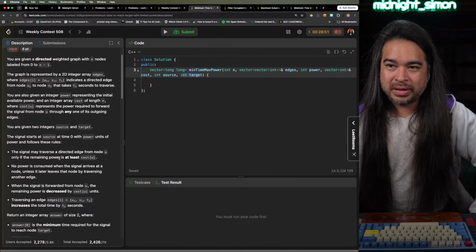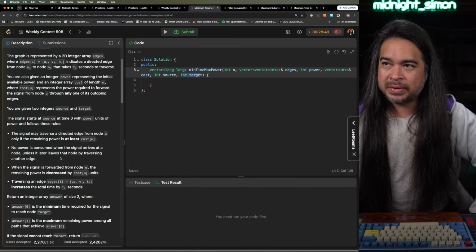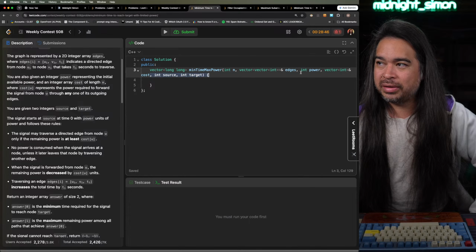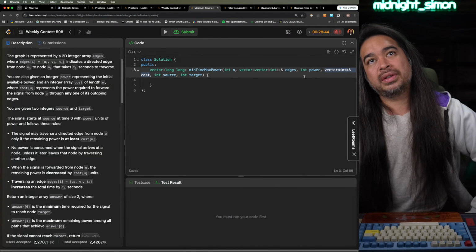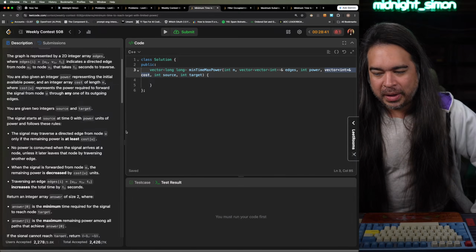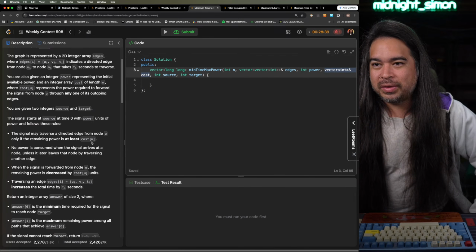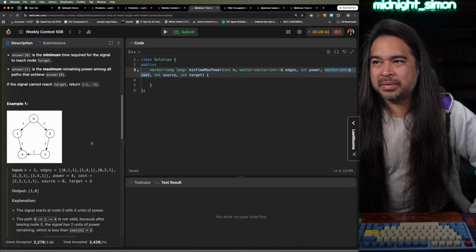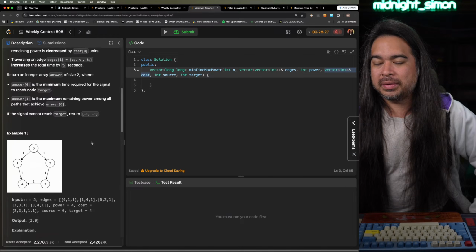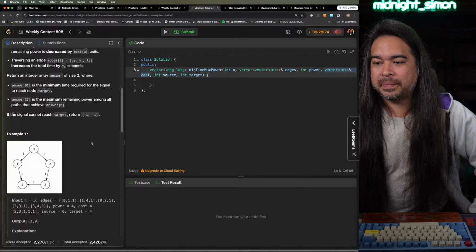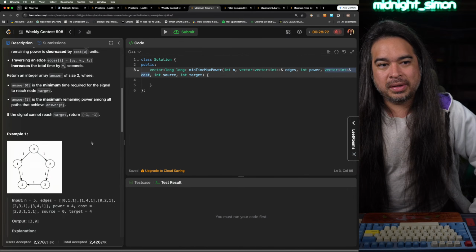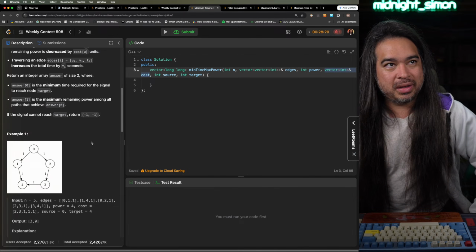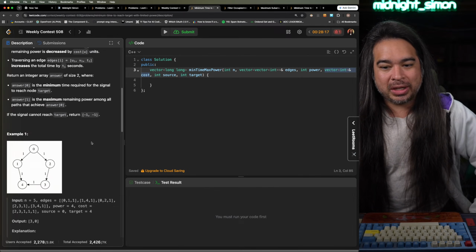See what the power says? How much power do we use? Oh, there's another unit of cost. Man, do we have to do like a double Dijkstra's, man? No. Single source shortest path and single source max power.